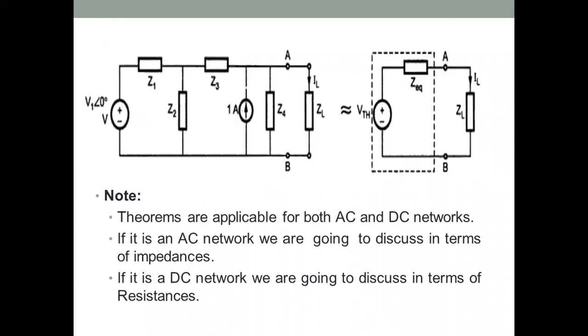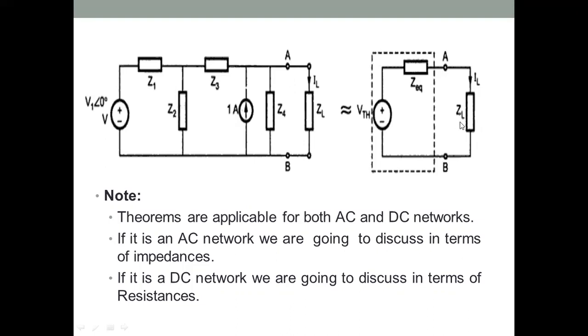This statement we are going to understand with the help of the circuit presented here. If you see, this circuit has multiple sources as well as multiple impedances. What this statement gives us is that we can convert this complex circuit into a simple circuit which will consist of one voltage source VTH in series with Z equivalent across the load ZL.